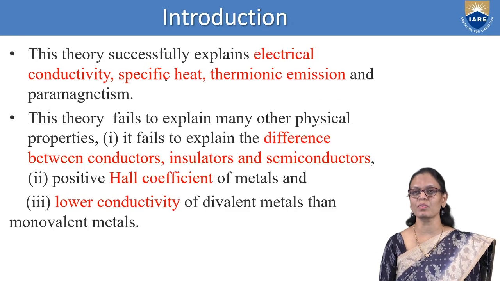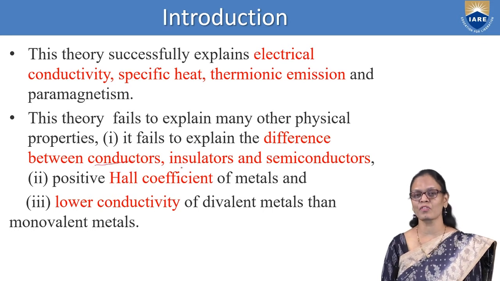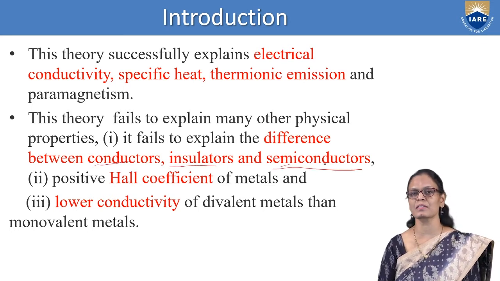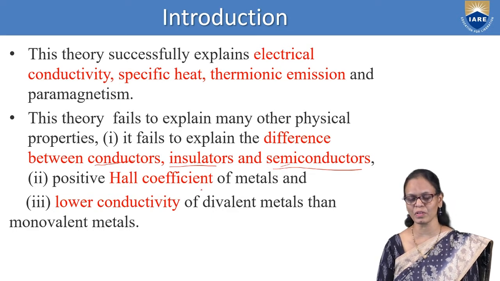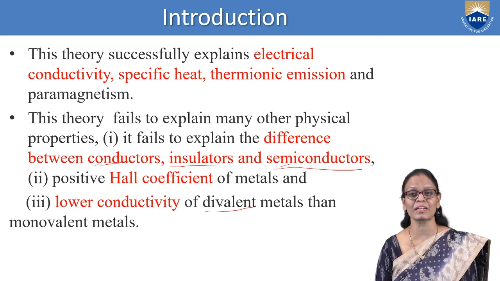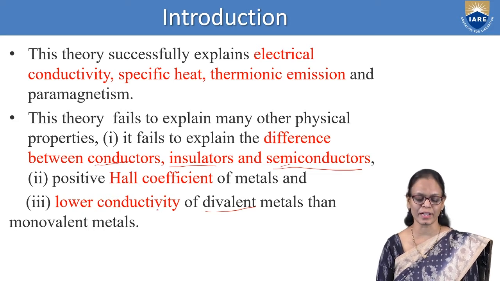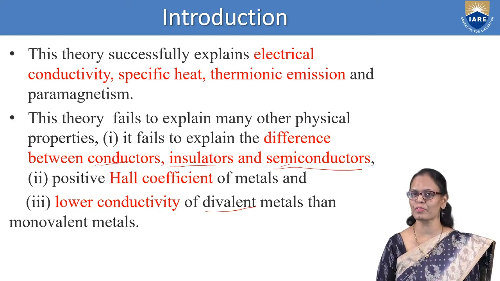Because this theory could explain the electrical conductivity, specific heat, thermionic emission and paramagnetism, but it failed to explain the major classification of materials into conductors, semiconductors and insulators. It could also not explain the Hall coefficient, which we'll be discussing at the end of this module, and also the lower conductivity of divalent metals, those metals whose valence is 2. Why they exhibit lower conductivity could not be explained with the help of this quantum theory.